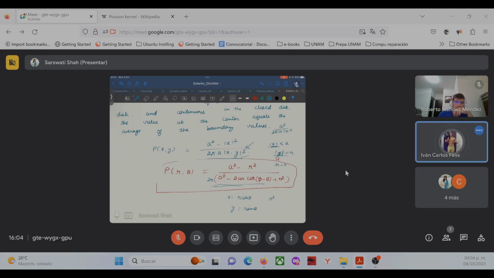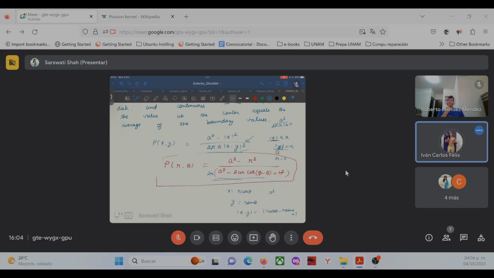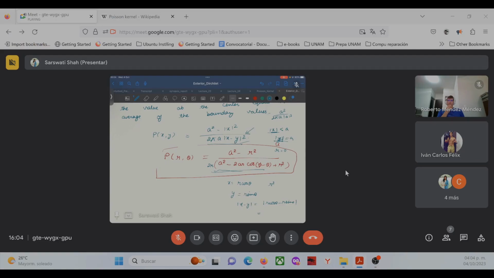The modulus of x minus y squared is equal to, yeah, and then if you square that you can use the binomial, r squared, 2r squared.